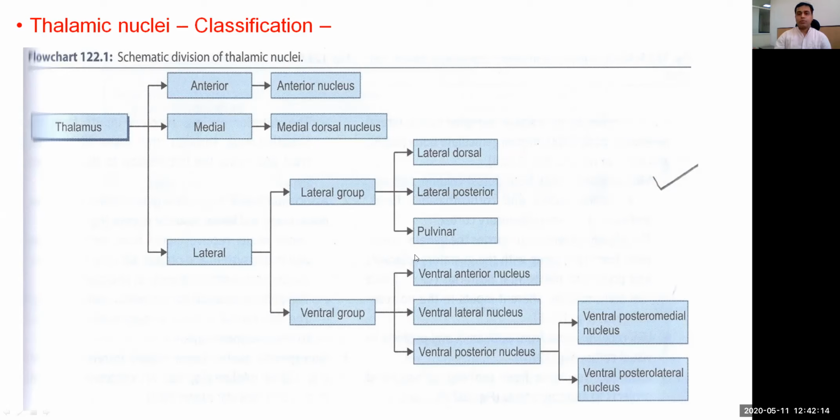Lateral dorsal, lateral posterior, and pulvinar are part of the lateral group, and ventral anterior, ventral lateral, and ventral posterior are part of the ventral group. The ventral posterior group of nuclei has two parts: ventral posteromedial nucleus and ventral posterolateral nucleus.